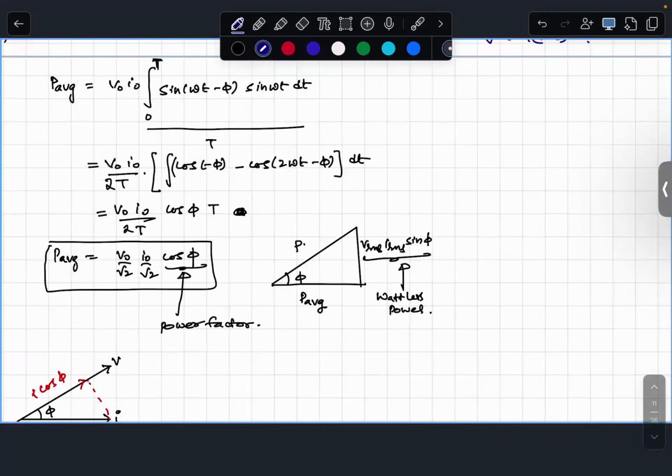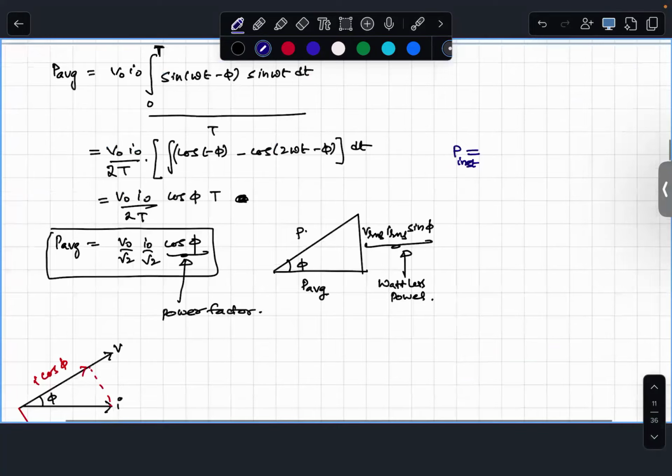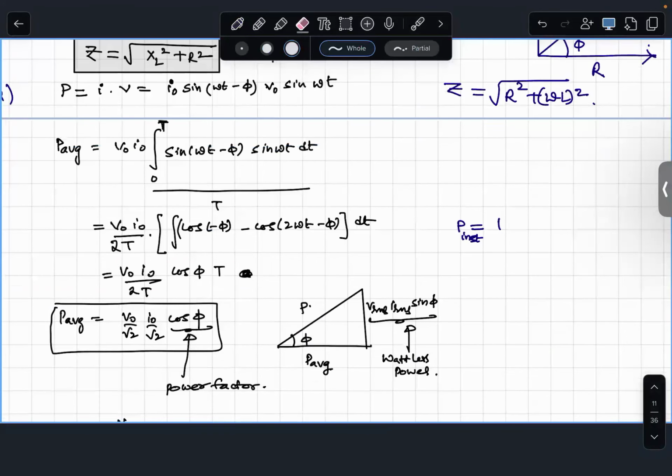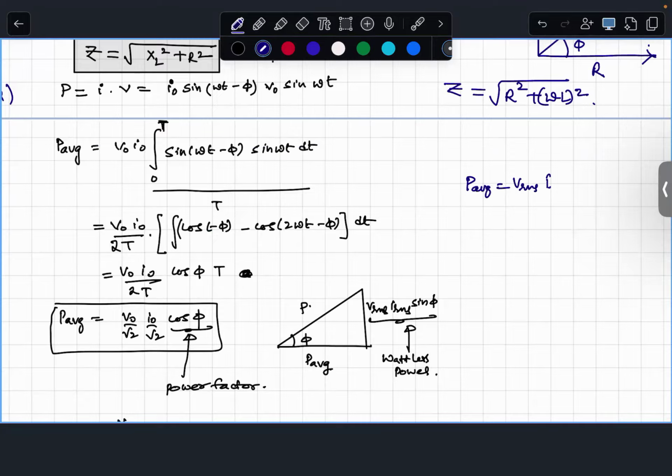So at any instant now you can write P instantaneous. From the diagram, P average is V RMS, I RMS, cos phi.